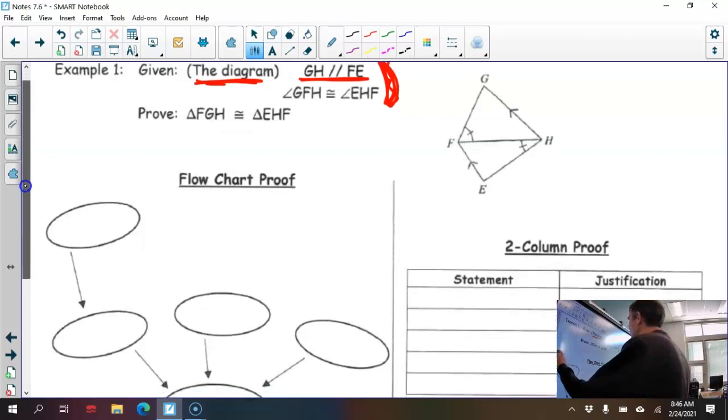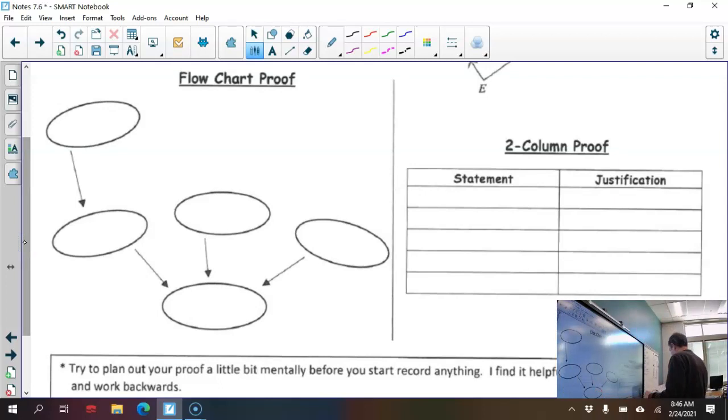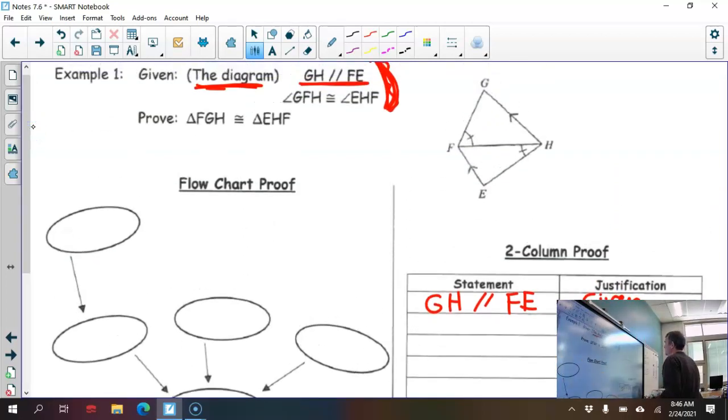Let me show you. So, the first thing I'm going to say in my proof is that these lines are parallel. GH is parallel to FE, and of course, that was given. And I want to show you in the diagram how that helps us.